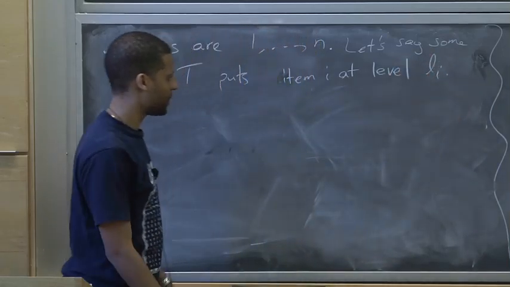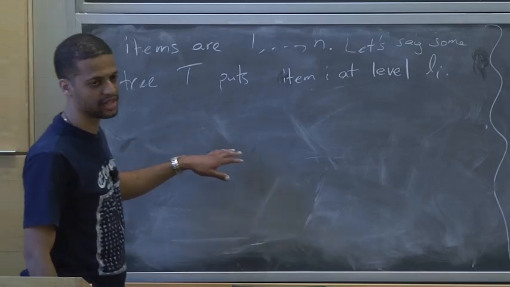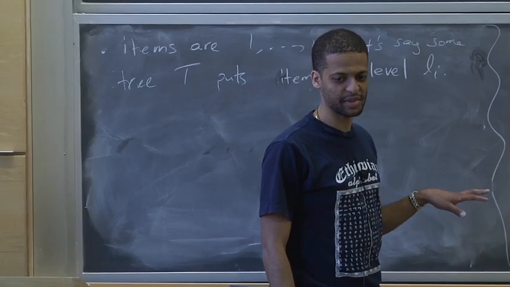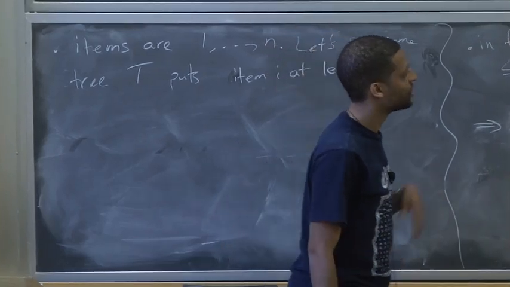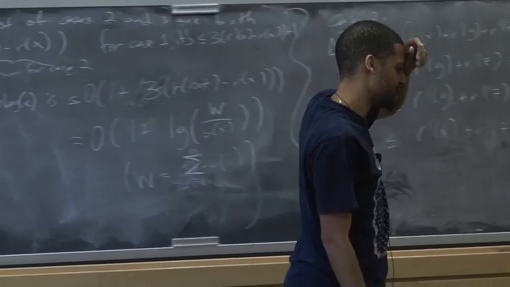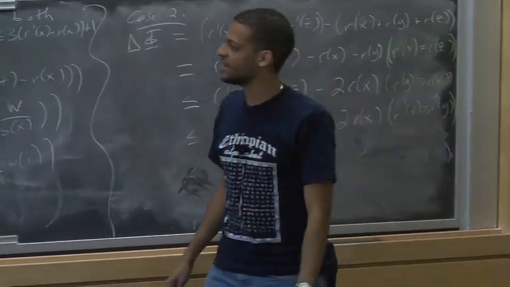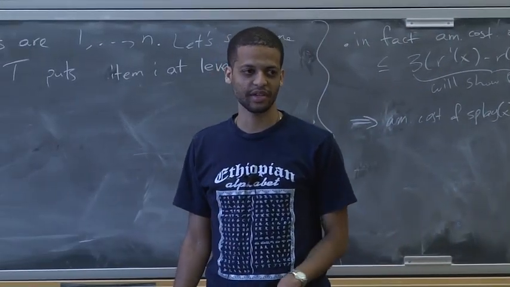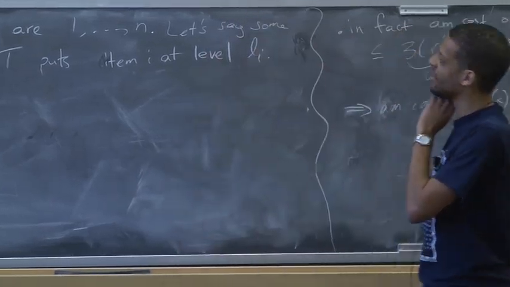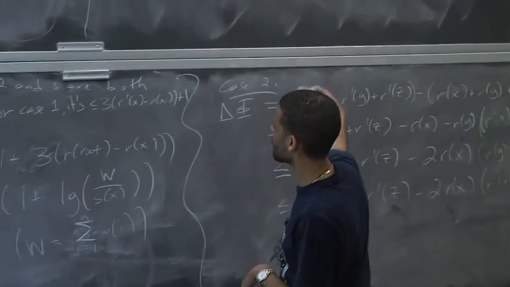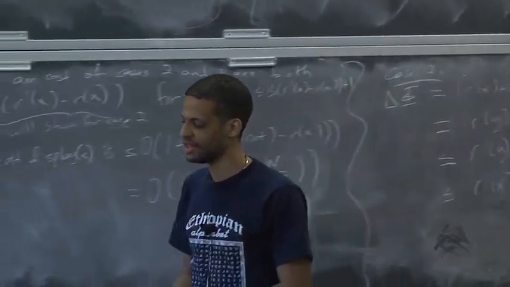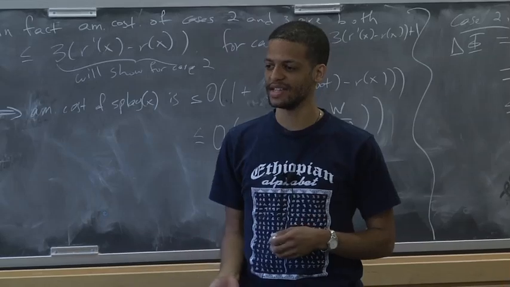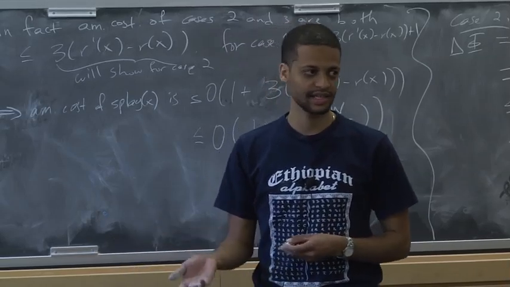I should mention the way that I'm going to do the analysis now is a way that I saw done by David Eppstein. The way static optimality is originally phrased in the Sleator-Tarjan paper is, how many people know what entropy is? It's like Shannon entropy. The way I phrased static optimality at the beginning of the class is, for any fixed tree T, your Splay trees do as well as T does on the access sequence.